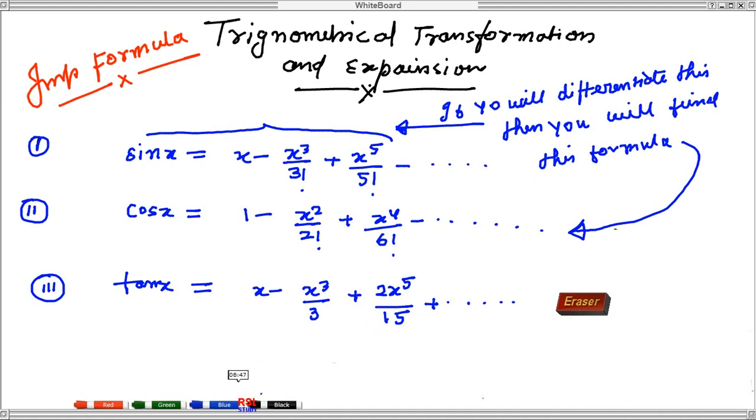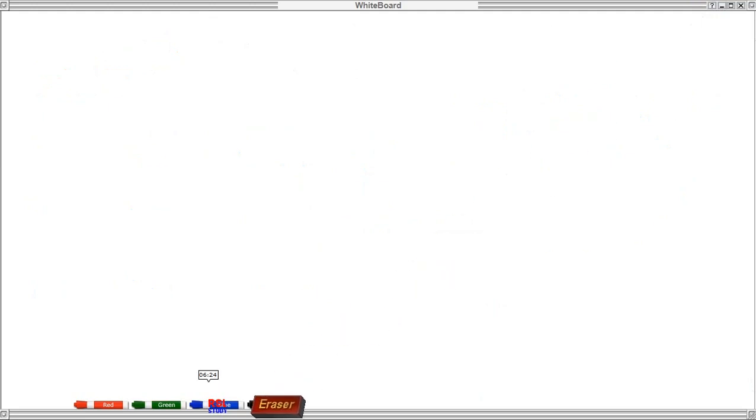I have just shown you that here it should be x power 4 by factorial 4. Now moving to the next.